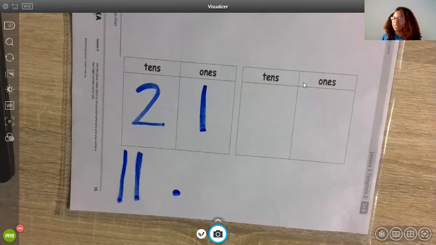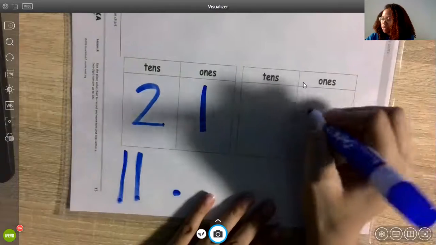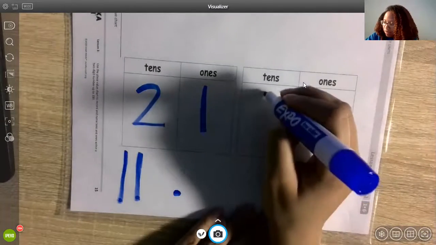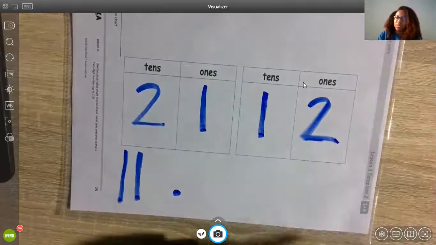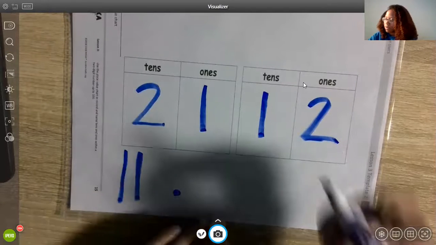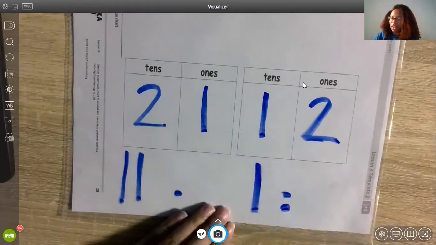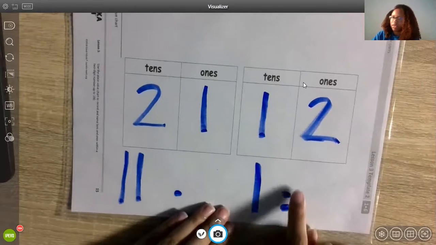Now, if you said 21, that's not correct, because I said I have 2 in my 1s place. I tried to trick you by giving you the 1s first. So I have 2 in my 1s, and I have 1 10. It will be 12. And I know that if I draw my picture here, I can say 10, 11, 12.